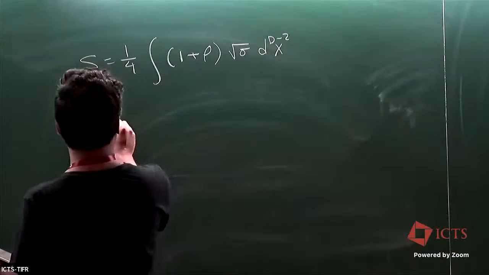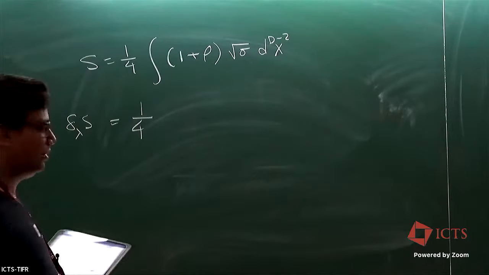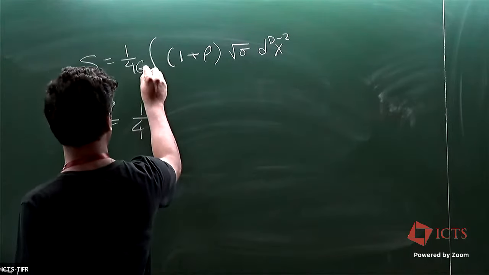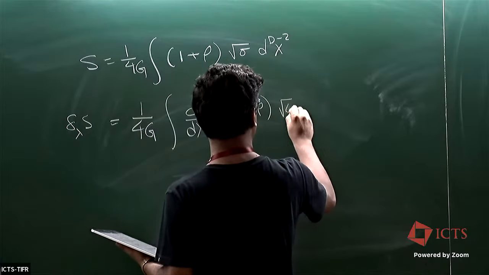So what is this object? Then 1/4 remains as it is. There is a G here, which I'm not writing. Maybe I can keep it G. G is good. So therefore, this will be d/d lambda of (1 plus rho) square root of sigma.